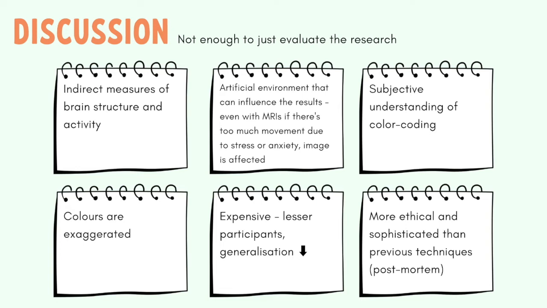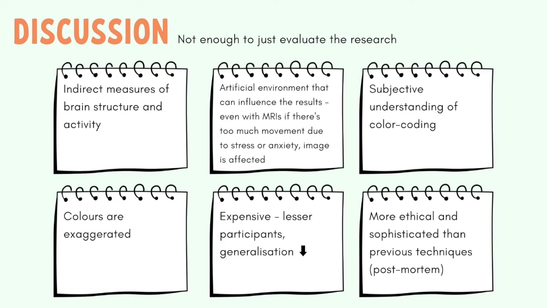Okay, MRI and fMRI use alignment and emission of energy from hydrogen atoms and molecules of oxygenated blood. So there is an assumption that these are related to the structure and activity, and this limits the degree to which we can confirm the relationship between the variables and also generalize the results.